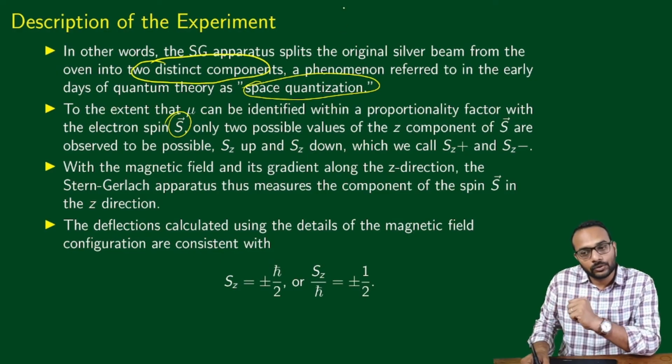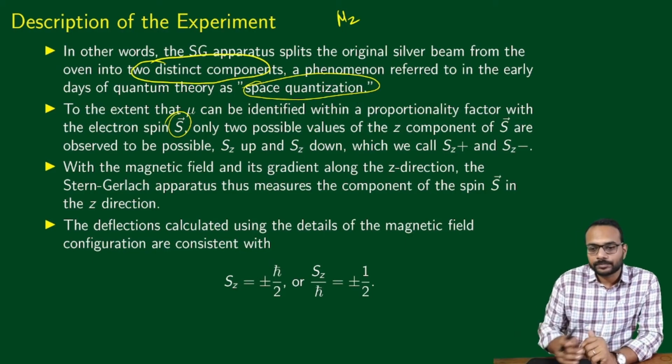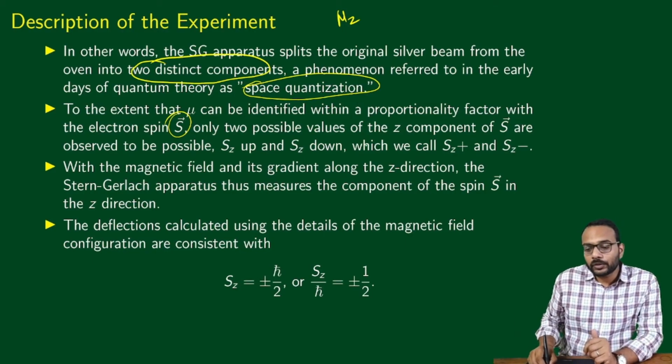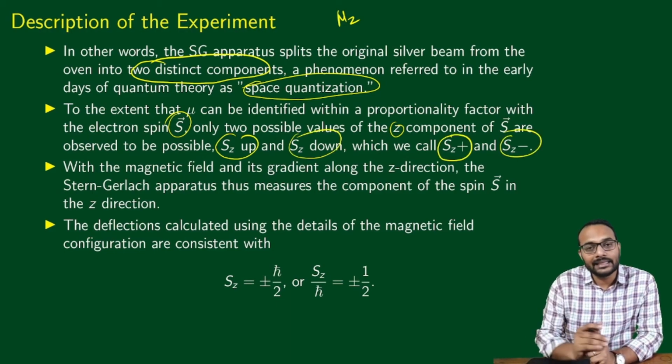If mu z has only two possible values, this also means that Sz has only two possible values that can be experimentally observed. We'll call these Sz plus and Sz minus.